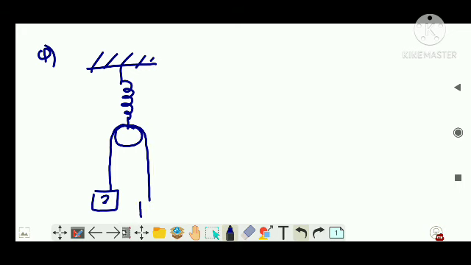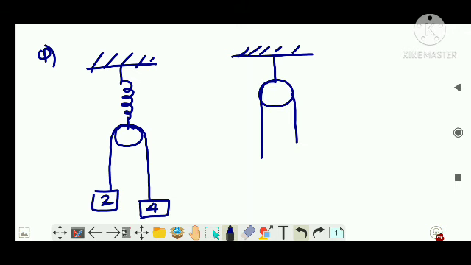I'm not writing it 2 kilogram explicitly, right? This is 2 and this is 4, and the spring is always considered weightless. Again you are asked what is the displacement. So what should we do? Replace the spring with the string, right? This is 2, this is 4.